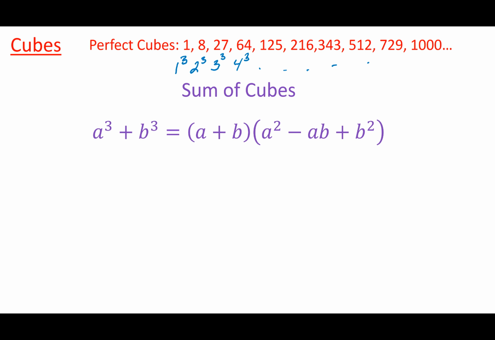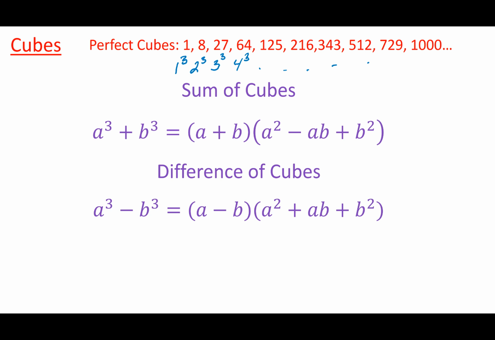But just like we were doing with difference of squares, we simply identify, well, what is a and what is b. Once we know a and once we know b, we simply fill it into our formula here and we're done. Or we'll get it closer to a factored form anyway. All right? So you just need to be able to know this, and there's an acronym that we're going to go over here in a minute to help you remember it.